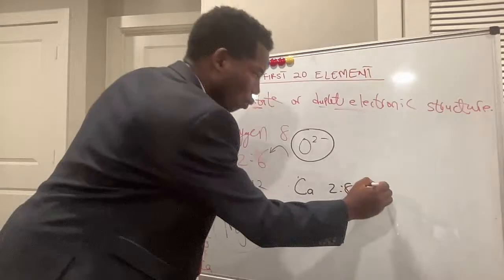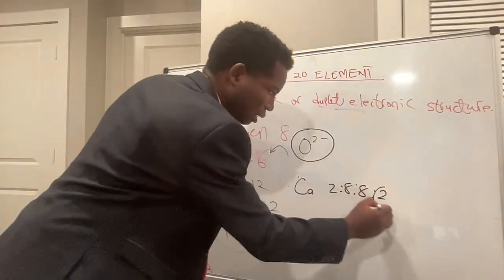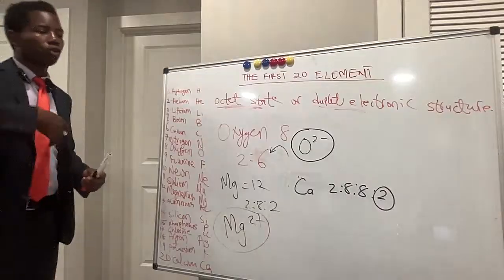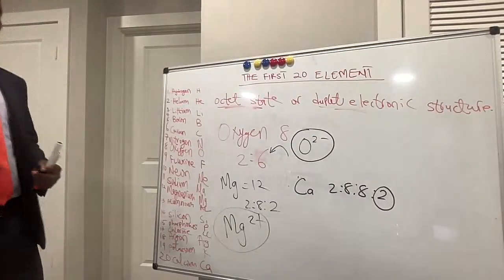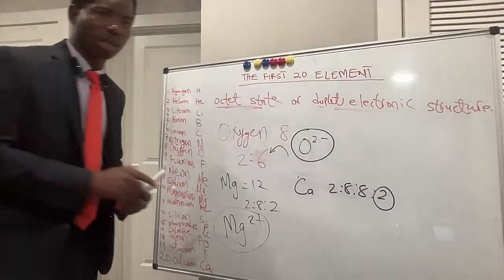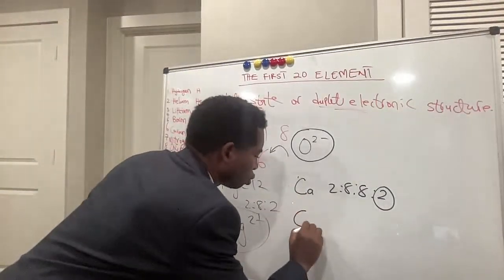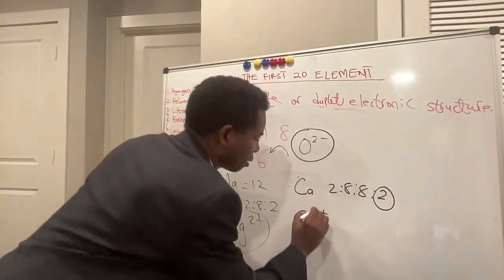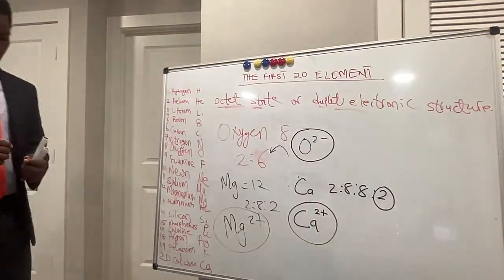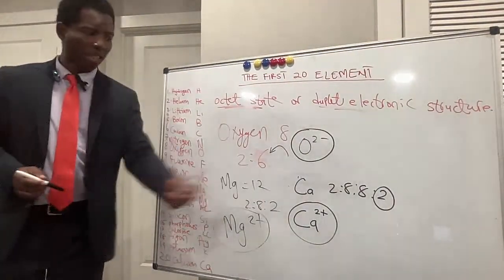So calcium has 2 electrons in its outer shell, so calcium is going to throw them away. Calcium will be positively charged. Calcium is a metal. This is the calcium ion, a charged calcium ion.